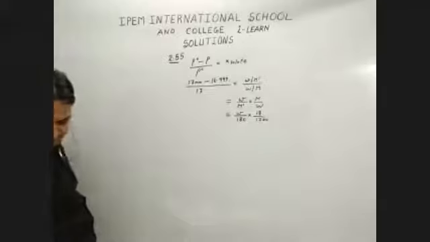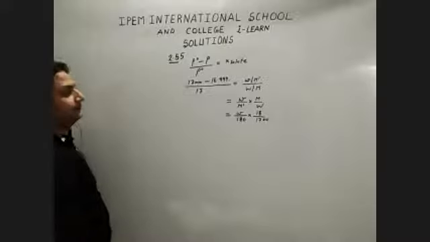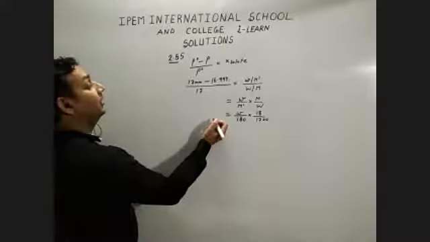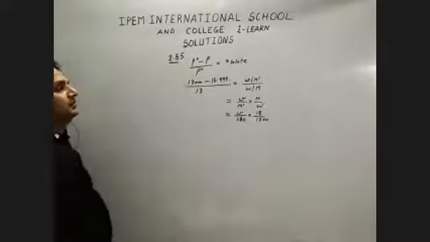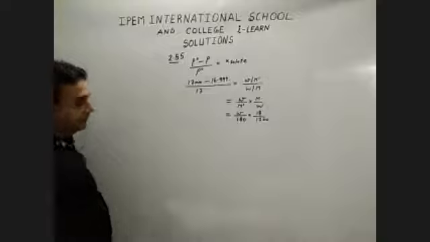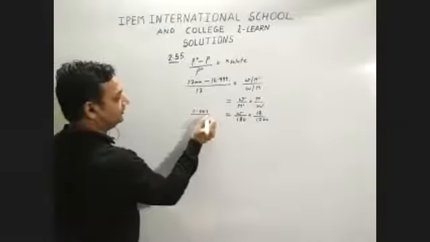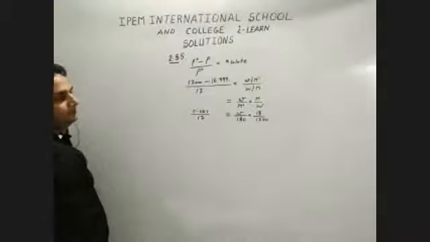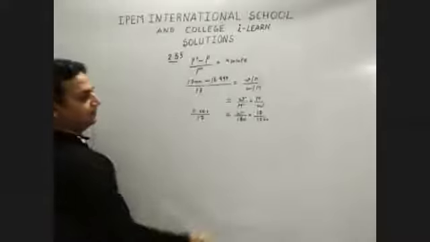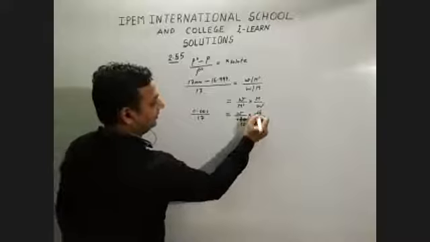Yes. You can solve this. 17 minus 16.999, so that will become what? 0.001 upon 17, and 18.